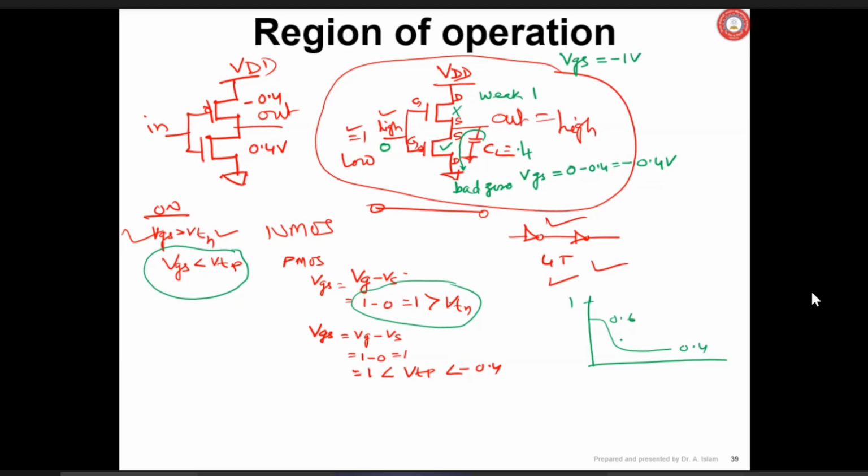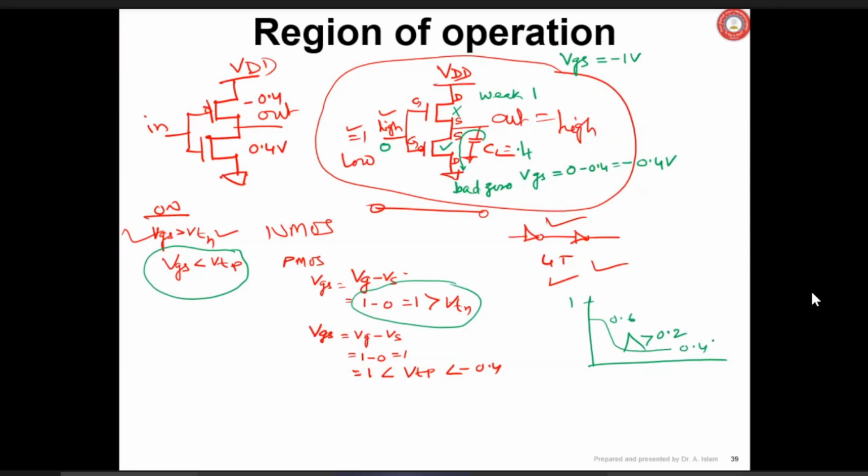And if a noise greater than 0.2 volt is coming, here a spike is coming, when the output was 0.2 volt, noise has come because of capacitive coupling or something else, then what will happen?